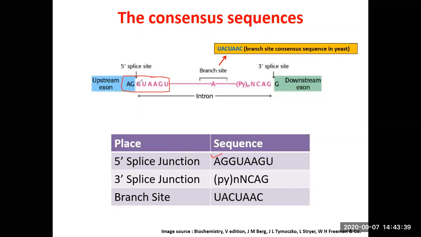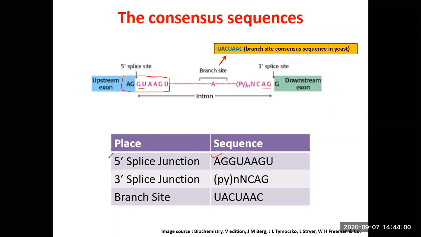It always begins with GU and it always ends with AG, irrespective of the size, whatever the number of nucleotides in between. It will begin with GU and end with these two nucleotides, AG. And the 5' splice site has a consensus sequence.